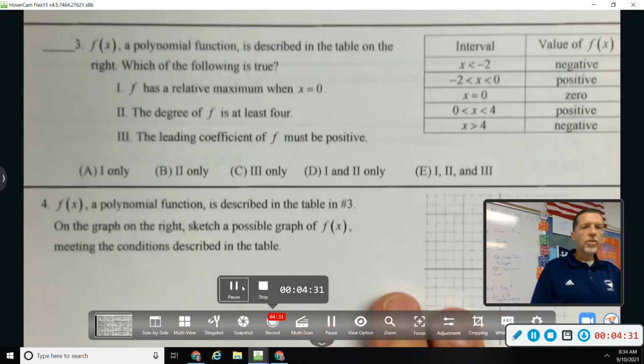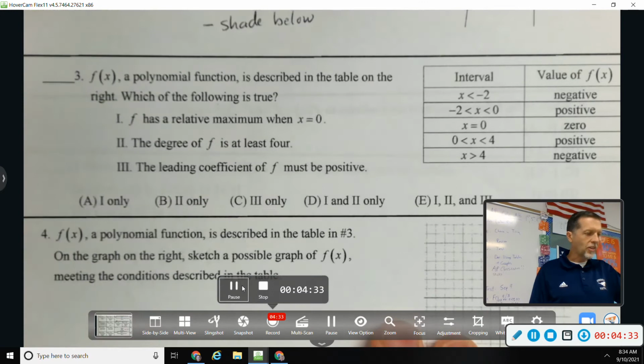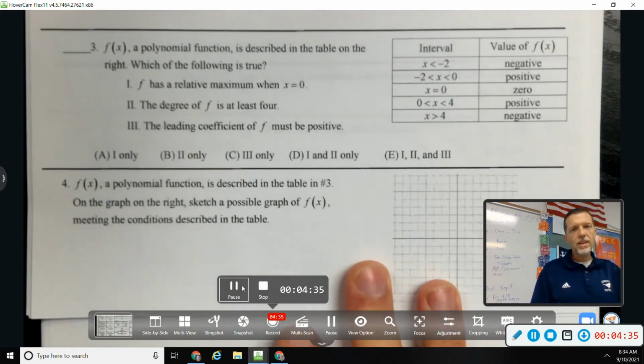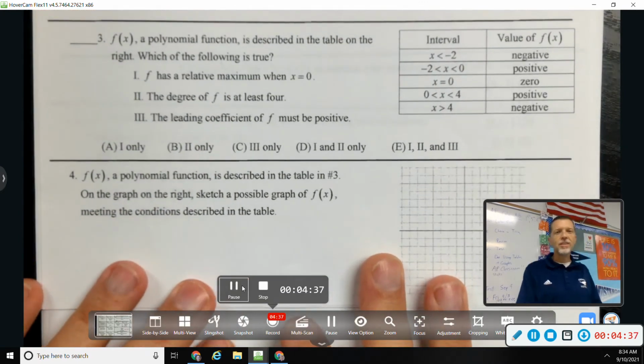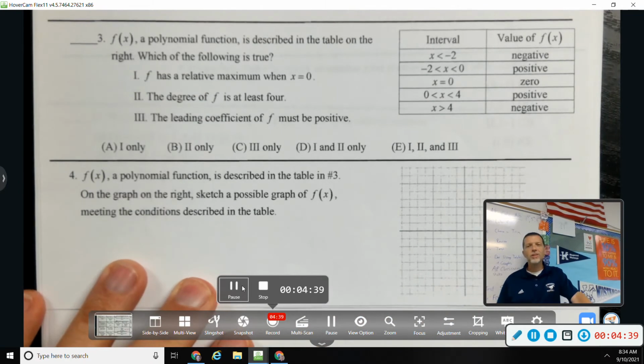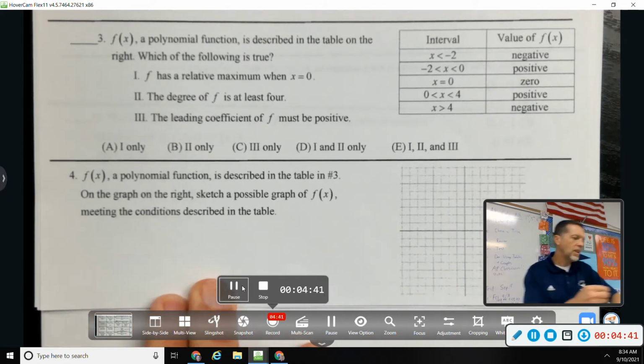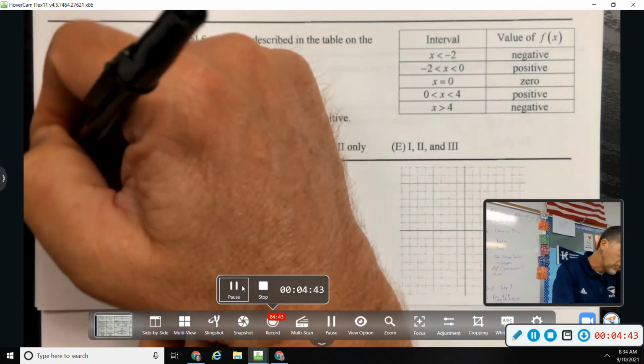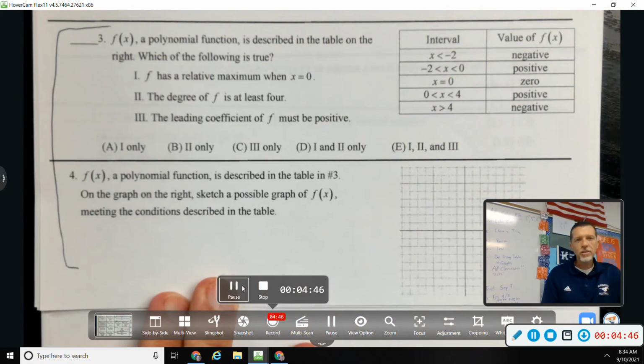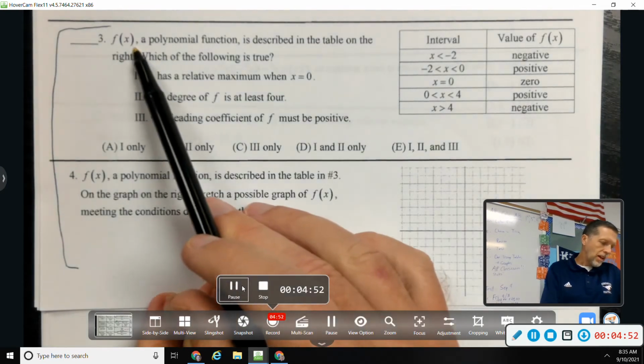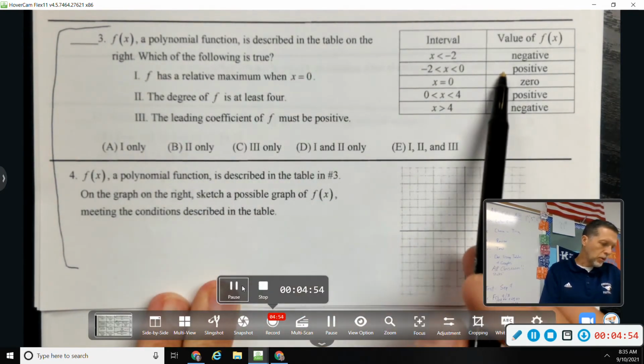All right, 3 and 4 go together. When I first did this, I didn't recognize that until I got to number 4 and realized I probably should have done 4 at the same time I was doing 3. There's a couple questions on the homework that are like this, so pay attention when that happens. F of x is described in this table.